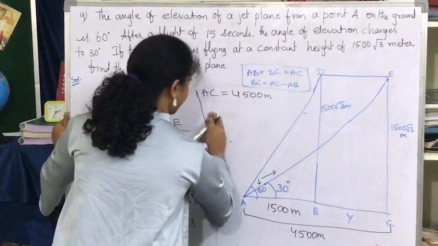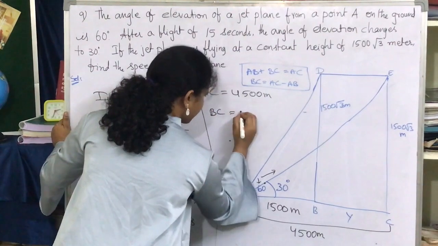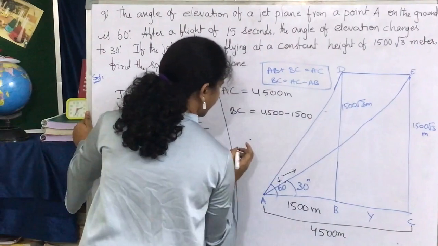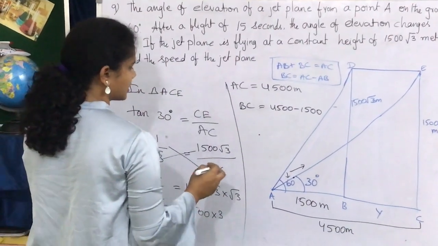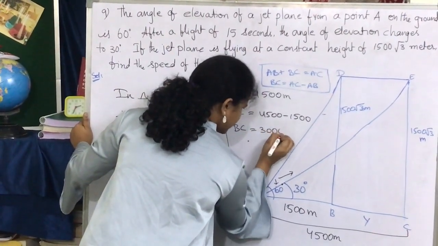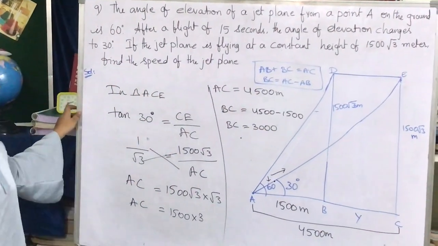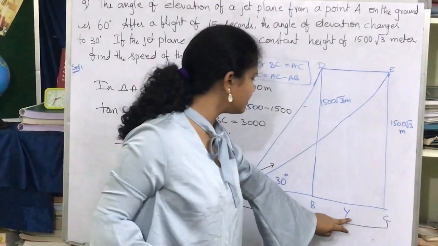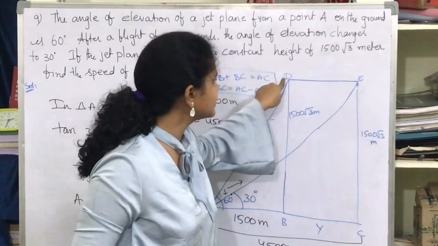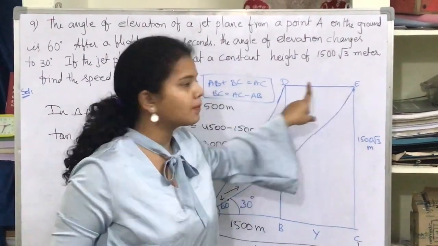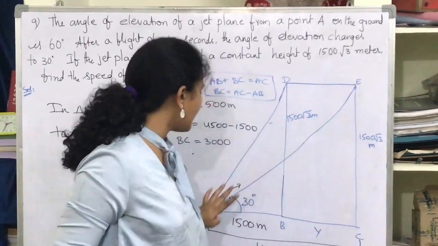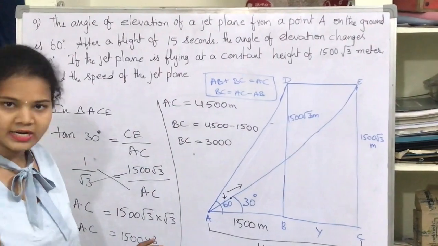Thus I can write BC equals 4,500 minus 1,500, where this gives BC equals 3,000. Done. Here I got the distance of BC, where the jet plane started somewhere here. In 15 seconds this jet plane changed its position, and the angle of elevation here is 30 degrees.